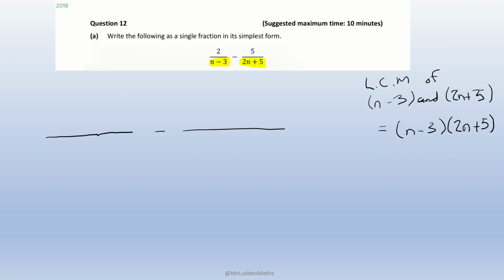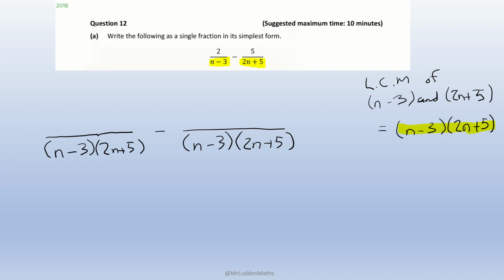So we're going to put all of that at the bottom of our fractions as our denominators. So I'm going to have n minus 3 times 2n plus 5, and I'm going to have n minus 3 times 2n plus 5.